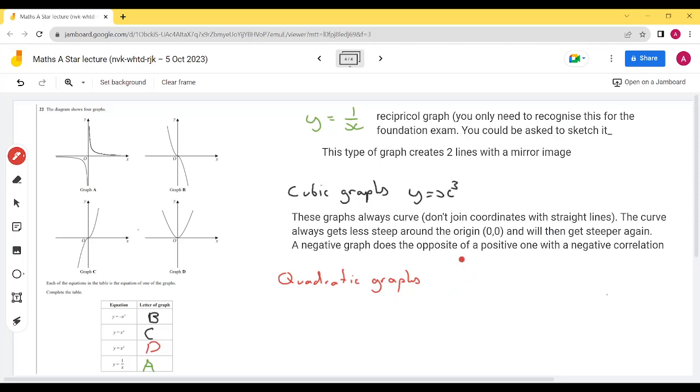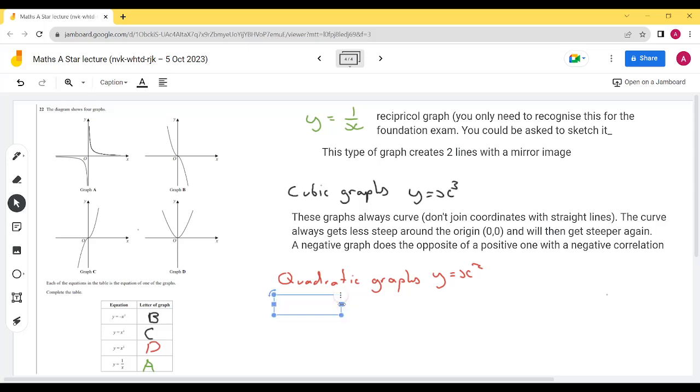My quadratic graphs, one's like y equals x squared. Remember, a quadratic equation is one with squared. Quad, the prefix, just means something with four, like a quad bike has four wheels, a quadrilateral has four sides. A quadratic graph is to do with x squared. Obviously, a square has four sides as well.